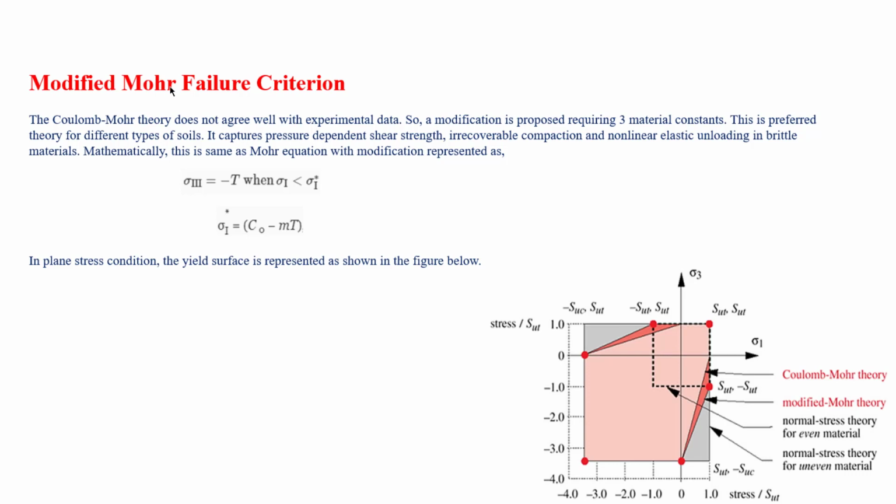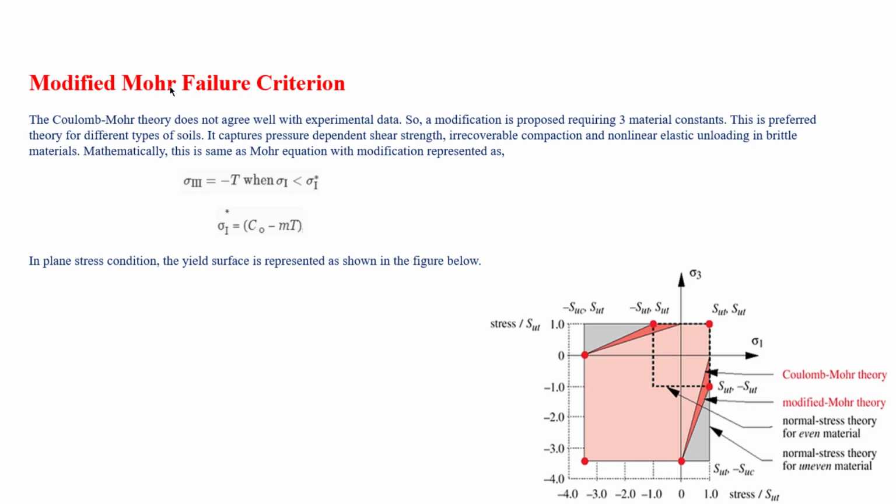So some modifications have been proposed in this modified Mohr criteria, like for soils, different types of soils we can consider. It captures the pressure-dependent shear strength, irrecoverable compaction and the non-linear elastic unloading in brittle materials. Even unloading it will consider, we have seen, right?